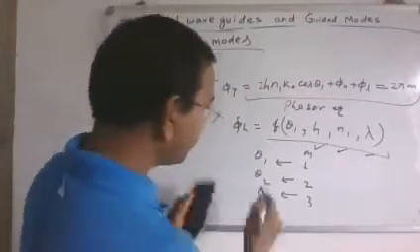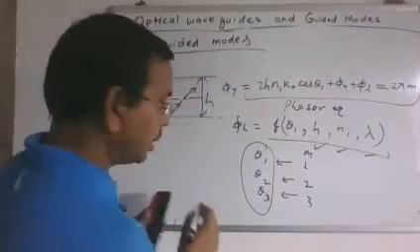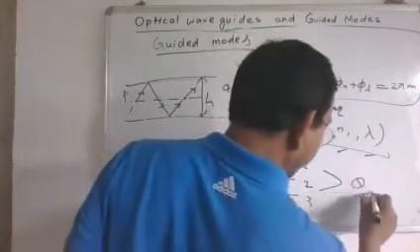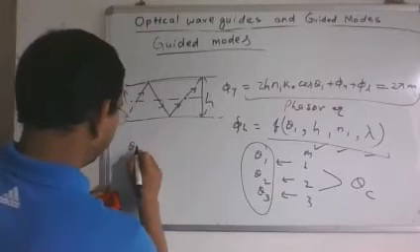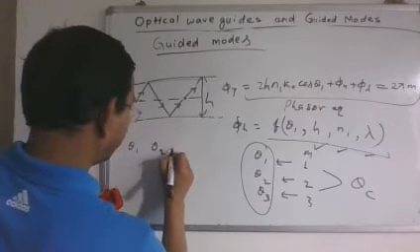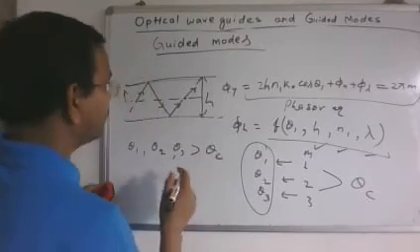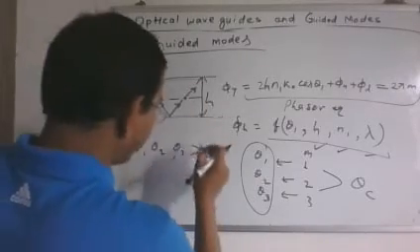So what do you say about these angles theta? All these angles must be greater than the critical angle theta c. Theta 1, theta 2, theta 3, whatever angles come, must be greater than the critical angle, because only then there will be total internal reflection.